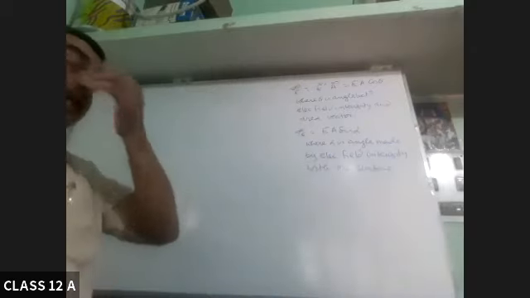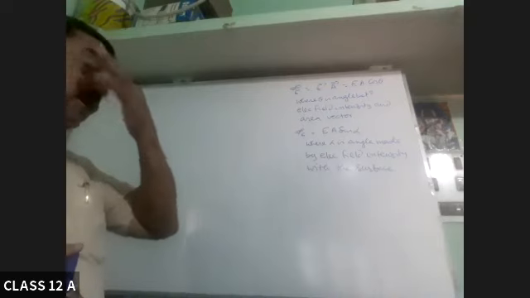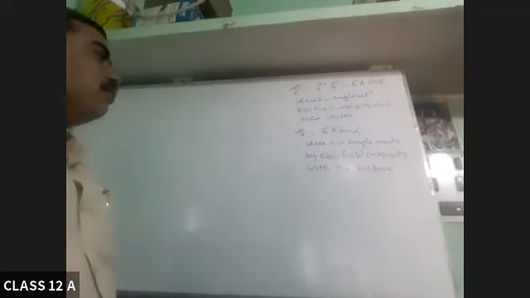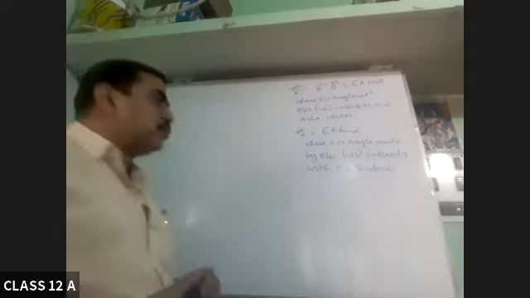So in the formula EA cos theta, theta is the angle between area vector and electric field intensity, whereas in the formula EA sin alpha, alpha is the angle made by the field with the surface.